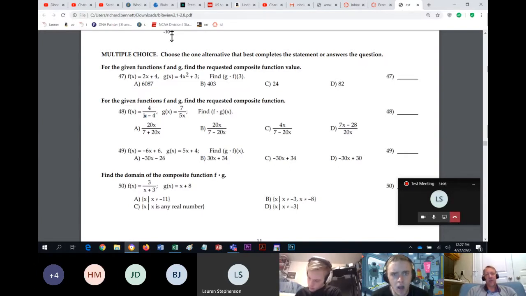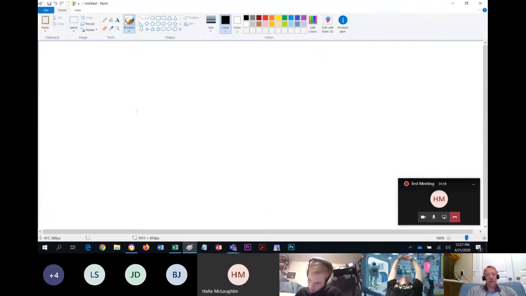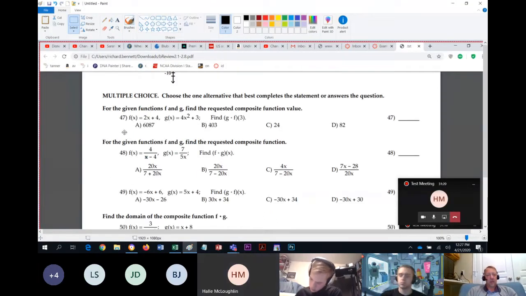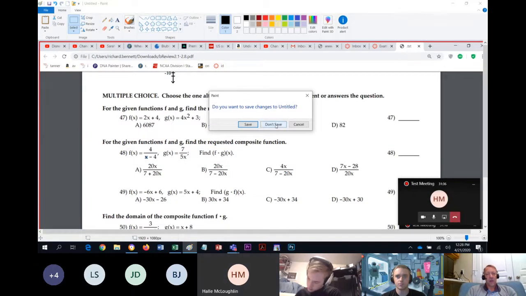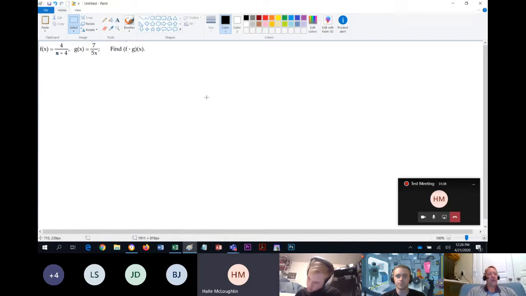So this one might be easier. Here's what I'm going to do. I'm going to paste it. Okay, so here's what we're doing. f of x equals 4 over that.